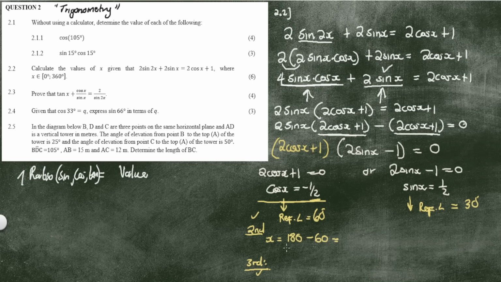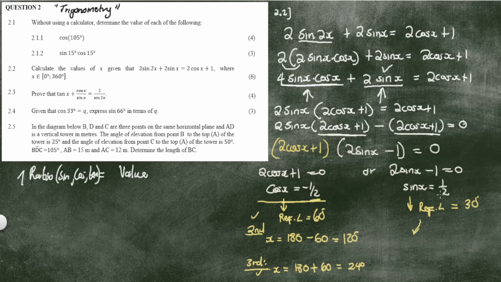So 180 minus 60, I'm getting 120. In the third quadrant, x is equal to 180 plus the reference angle. So 180 plus the 60, I'm getting 240.